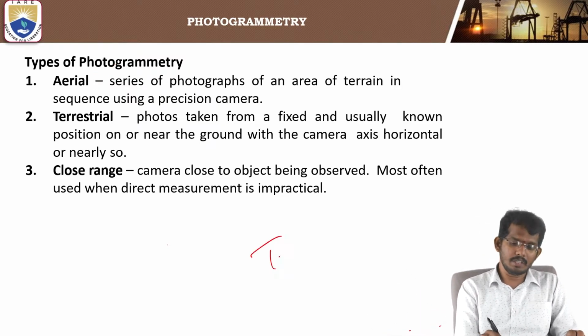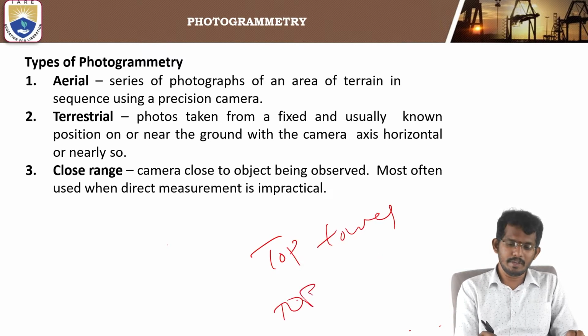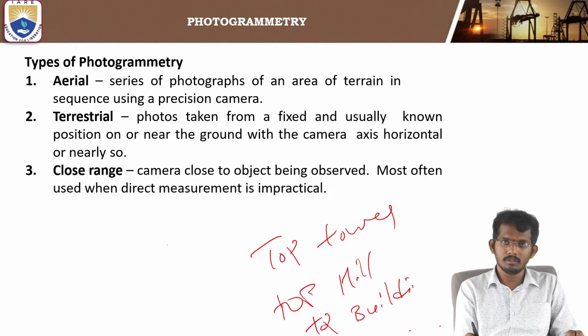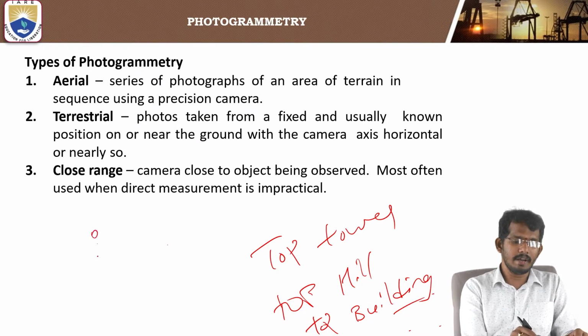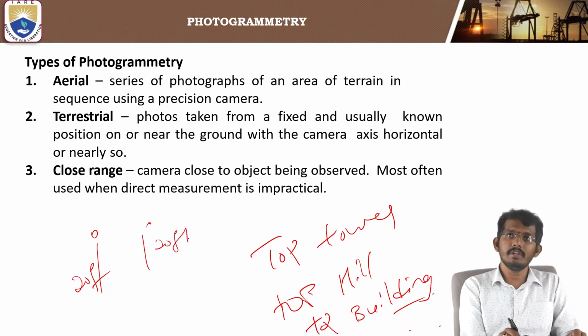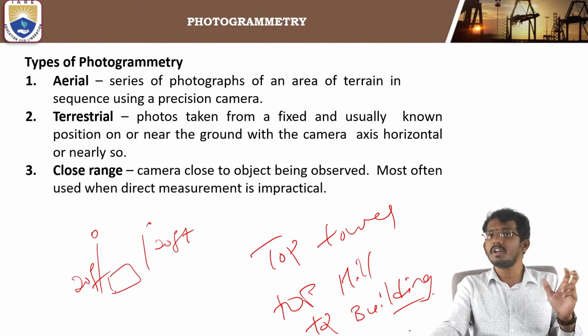It may be the top of a tower, a hill, or a building. The heights should be equal, say 20 feet, if you are capturing the image between these two terrestrial heights.